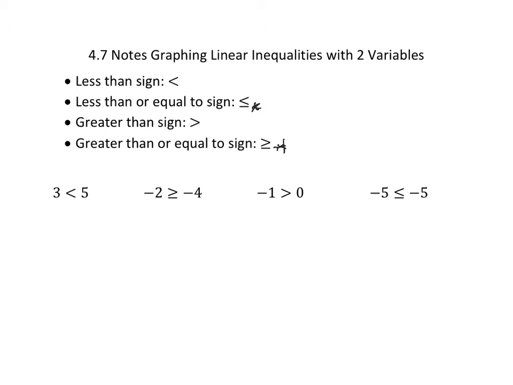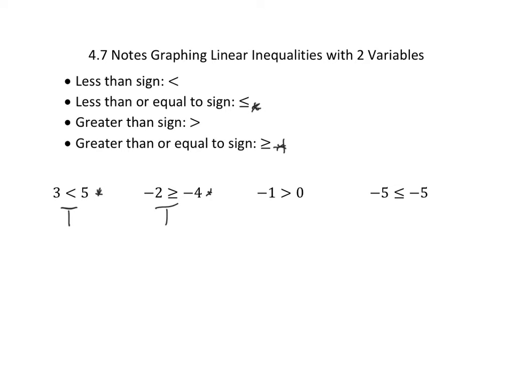So looking at these, if I was to read this first one here, that is saying 3 is less than 5, which I would say is true. 3 is less than 5. The second one is saying -2 is greater than or equal to -4. Since -2 is further to the right technically on the number line, -2 is greater than -4.